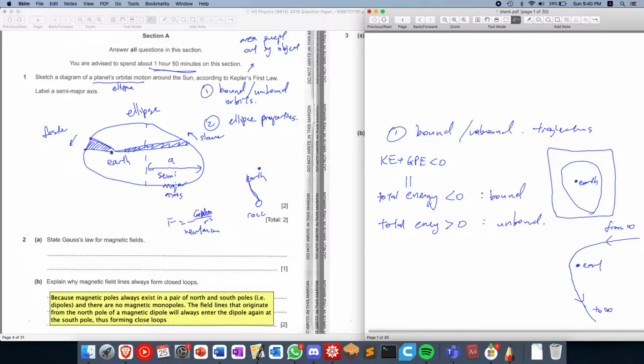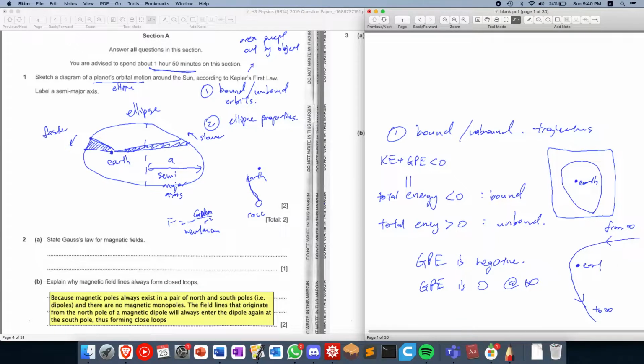So what's one easy way to see this is that we know that GPE is negative, right? And we also know that GPE is 0 at infinity.